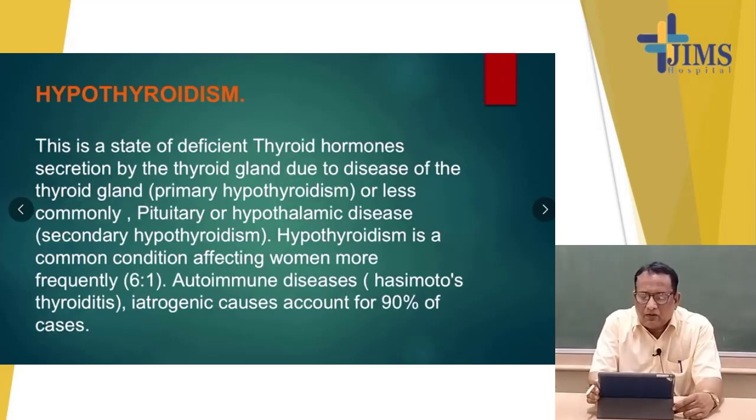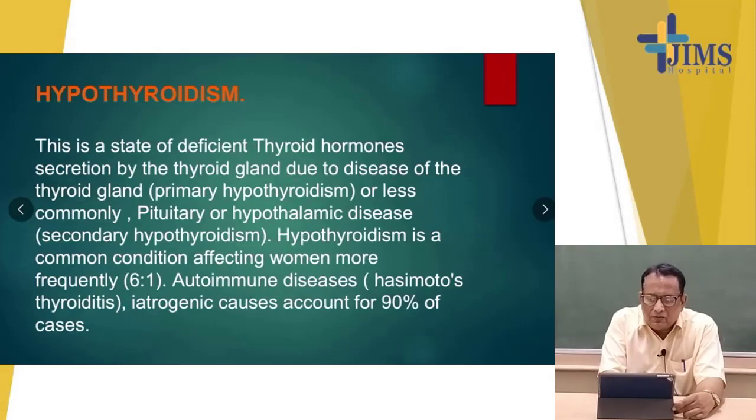So, hypothyroidism. Hypothyroidism is a state of deficient thyroid hormone secretion by the thyroid gland. So, when the thyroid hormone secretion is deficient, is less, we call this state hypothyroidism.